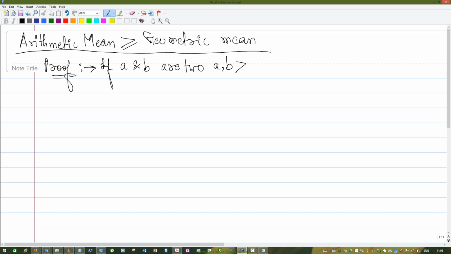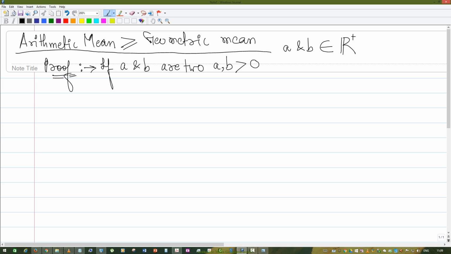For our convenience, we will say that these two are non-negative real numbers. Remember, A and B are elements of the real numbers.